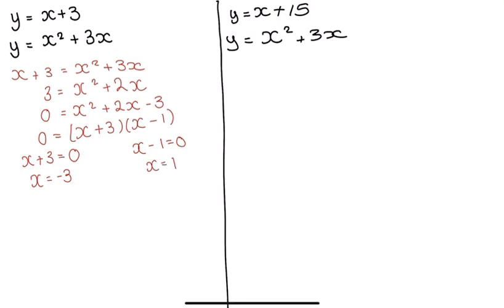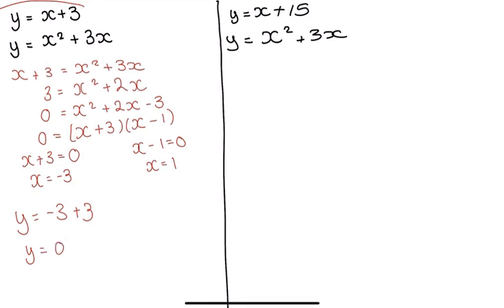Now you can see on these questions we're getting 2 answers, which means in total, once we've found our y's, we're going to get 4 answers. Now to find out what y is, we can just substitute it into either equation. I'm going to go for the top one just because it's a little bit simpler. So y equals x, which is minus 3 here, plus 3.